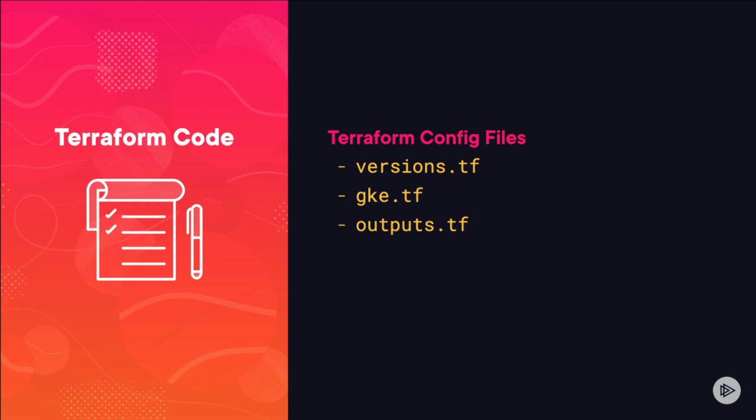Next, we have our outputs.tf file, which will output specific information that we define once our code has been applied. We then have a terraform.tfvars file, which is like a template for the project ID and region variables. And finally, we have our vpc.tf file, which will provision a VPC and a subnet.